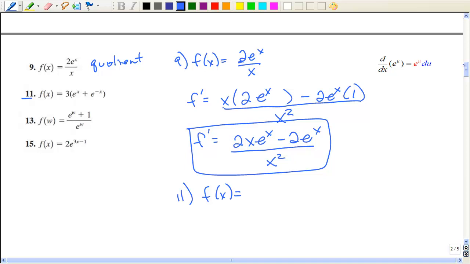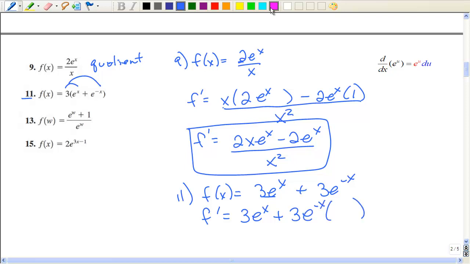On number 11, I have a couple of different ways to do it, but I think the easiest way would be to go ahead and distribute that 3. To take the derivative, we're going to leave the constant alone. The derivative of e to the x is just e to the x. Then we need to take the derivative of negative x, which of course is negative 1.